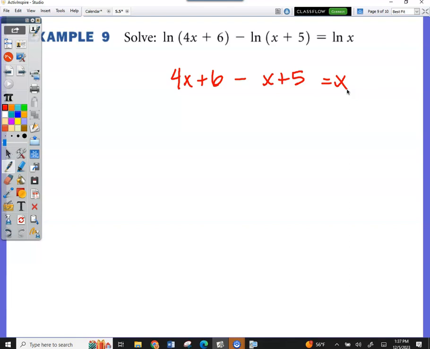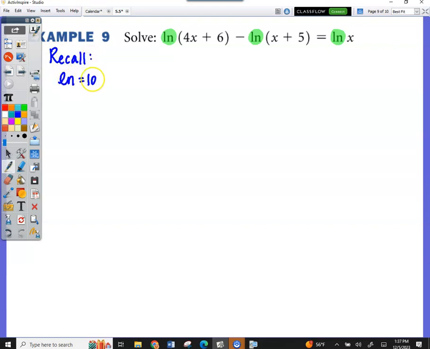Bam. Yeah. Now, if you don't see it immediately, let me show you this. First of all, I'm going to take my highlighter and say, we got an ln, we got an ln, we got an ln, right? Every single term is ln. Recall that ln means log base e. So this is the same thing as if every single one of these said log base e. We've already practiced this.